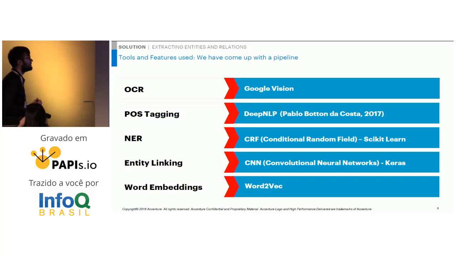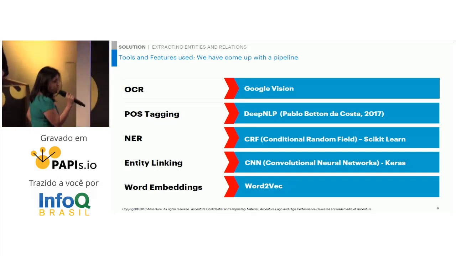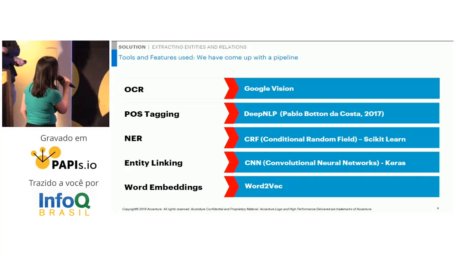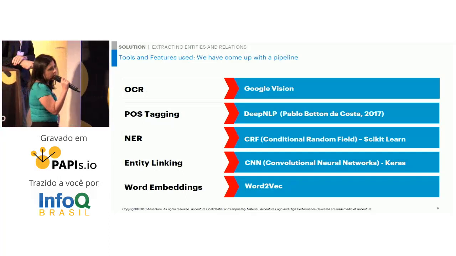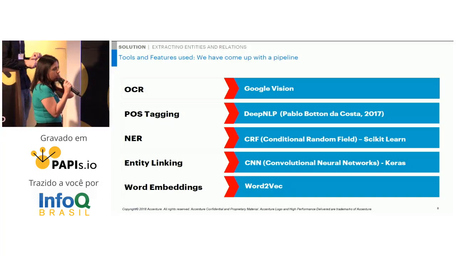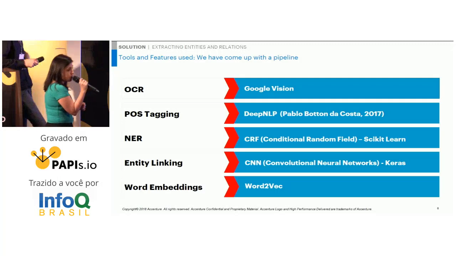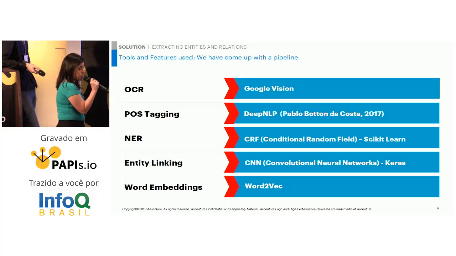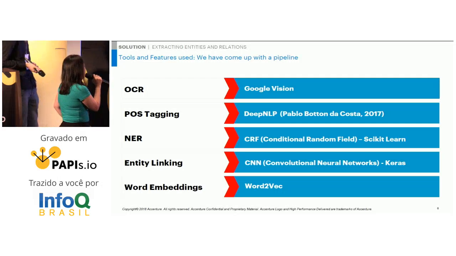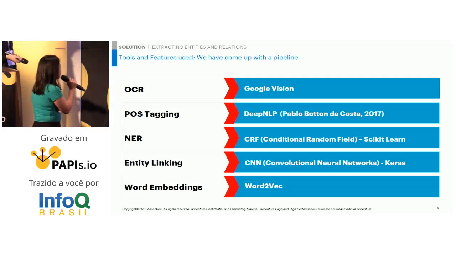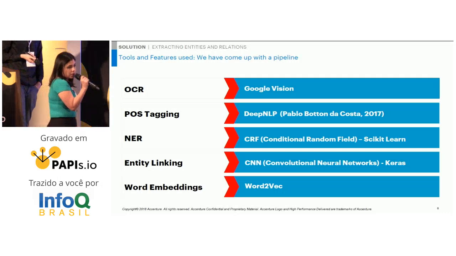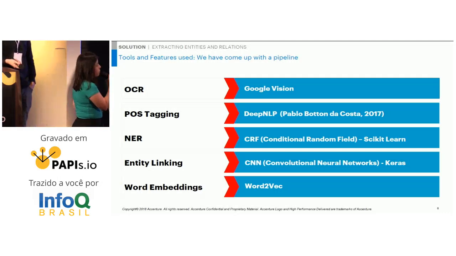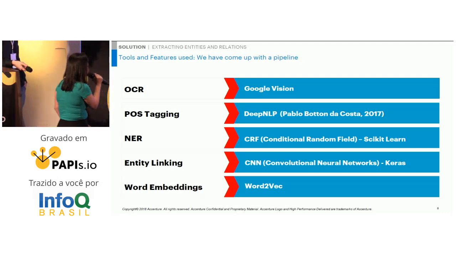Okay, so having this problem, we came up with a pipeline. In some cases, the documents are not very readable for algorithms at first. They are images, so we just use OCR from Google Vision. It seems to work well from our point of view.